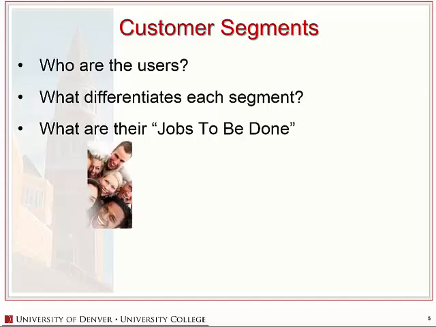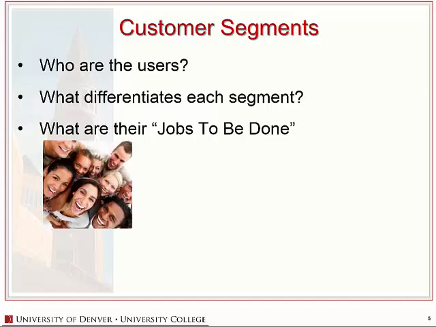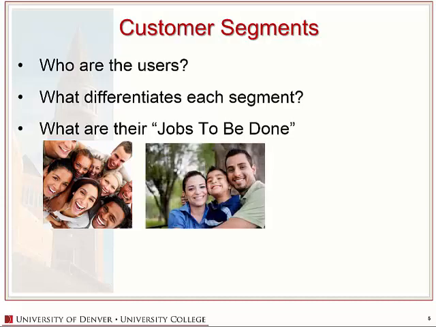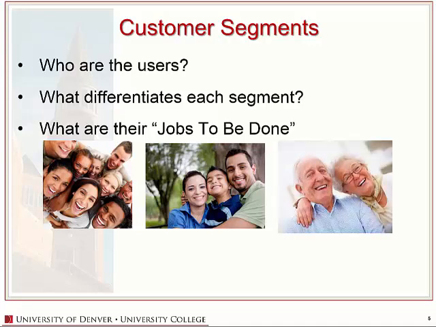Let's say that you're developing a medical information website and one of your segments is people under the age of 30, and they have a specific need and a specific objective for coming to your website that would be different from another group who would be using your website, and that would be families. Another segment very well might be people that are retired.